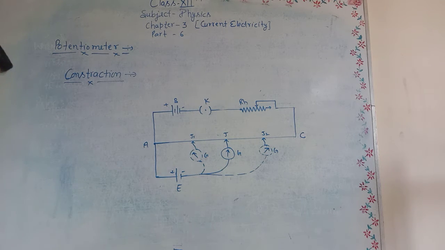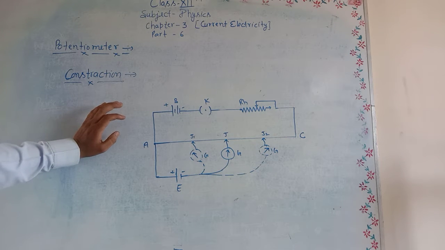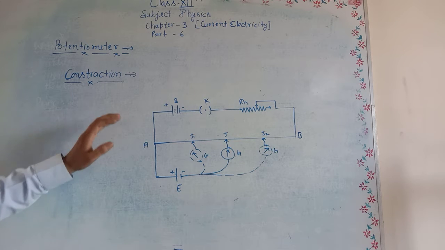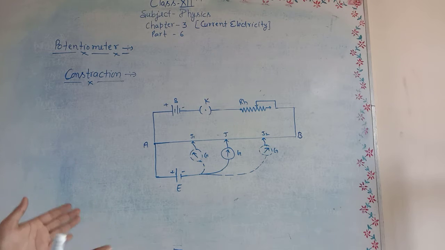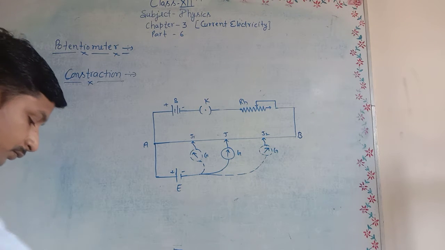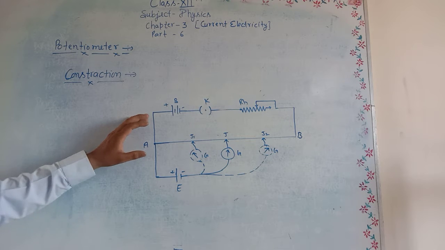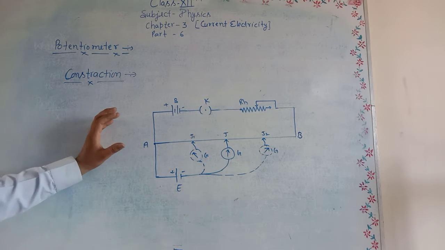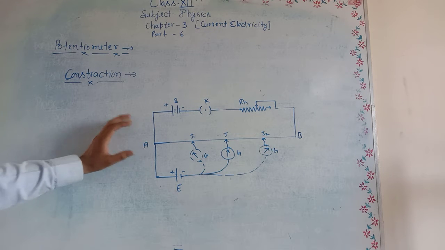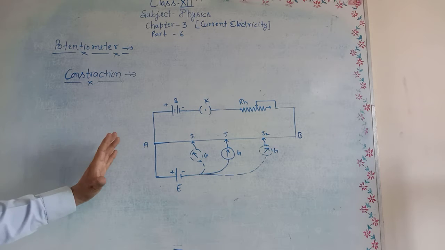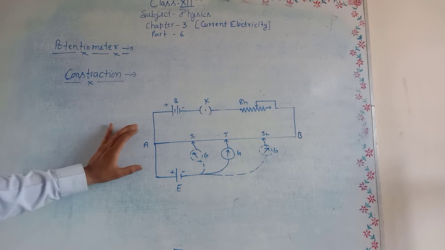Construction of the potentiometer. Dear student, a potentiometer consists of a long wire AB of uniform cross sectional area, usually 4 to 10 meters long, of a material having high resistivity and low temperature coefficient, such as constantan or manganin. One meter long separate pieces of wire are fixed on a wooden board parallel to the copper strips.